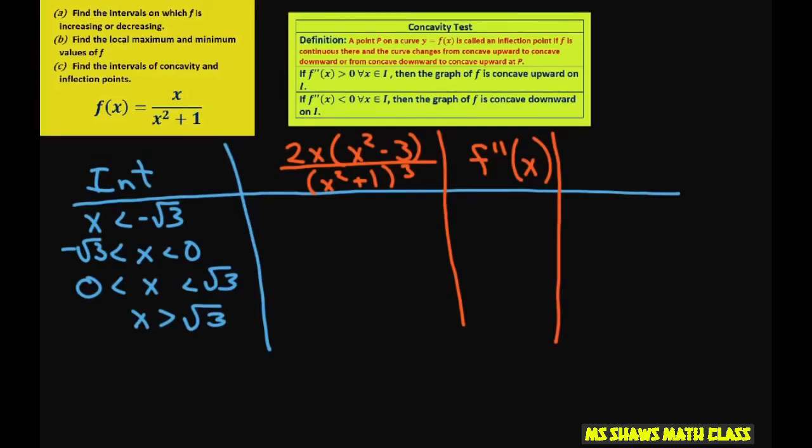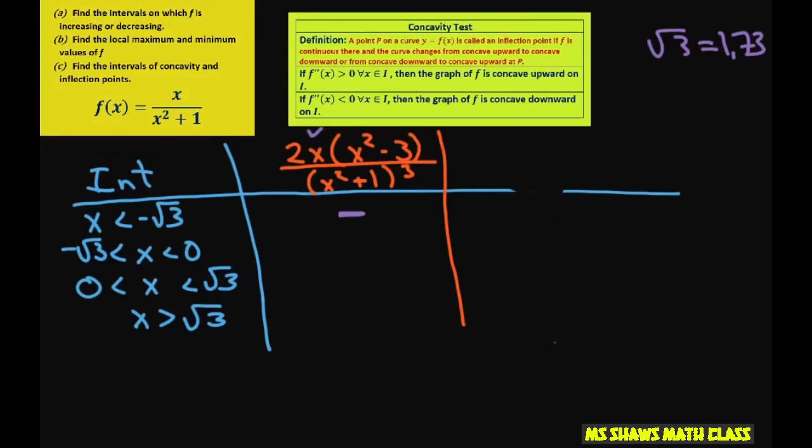So square root of 3 is approximately 1.73. Let's say I plug in a negative 2 into this equation. The whole thing is going to be negative. So I'm just going to write this as my f.